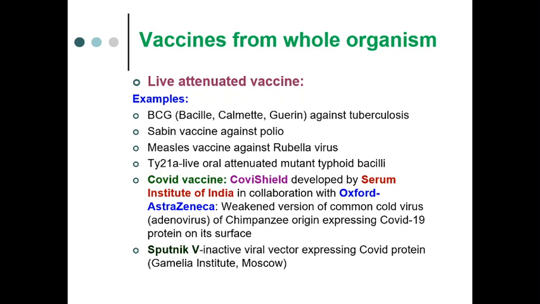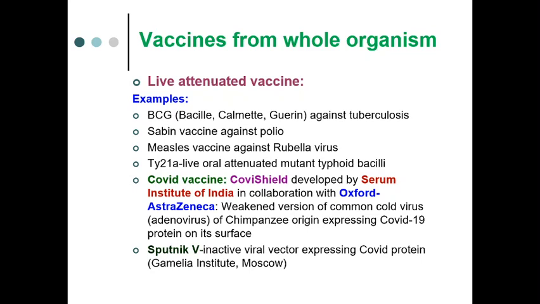Coming to the pandemic, that is the COVID vaccine against the COVID virus. The Covishield, developed by Serum Institute of India in collaboration with Oxford AstraZeneca, is a kind of attenuated vaccine, but it is not a live coronavirus.